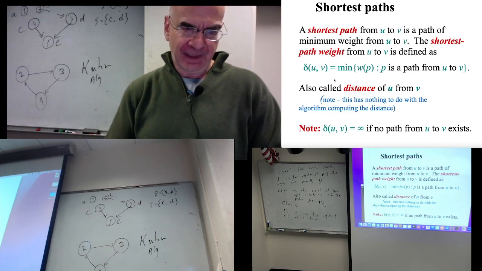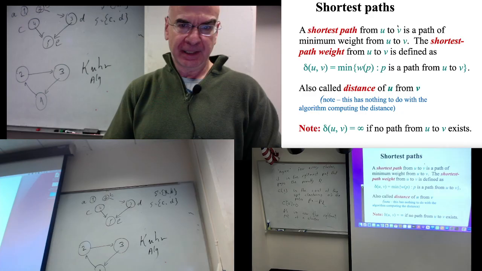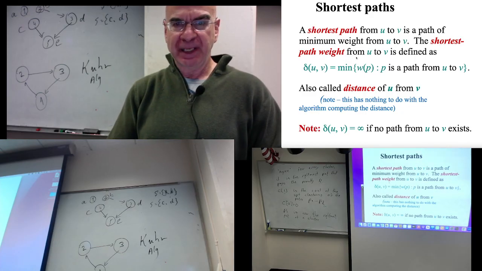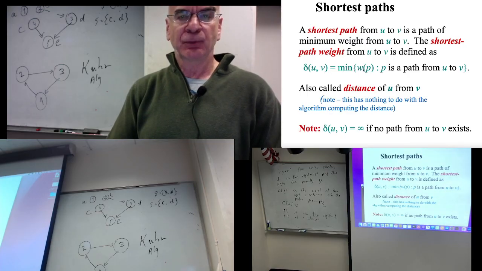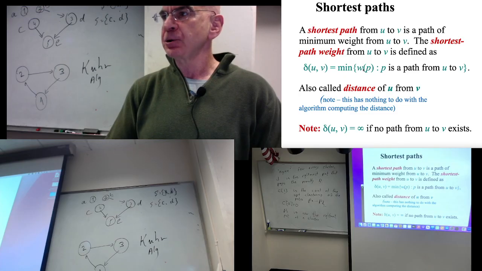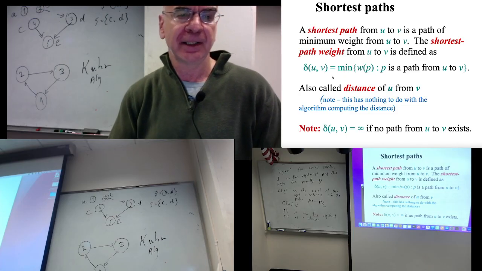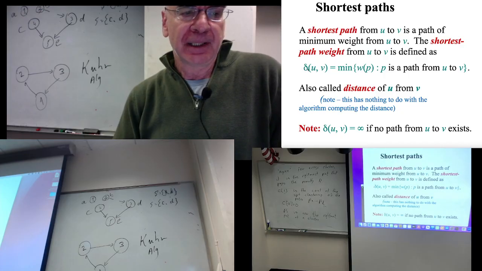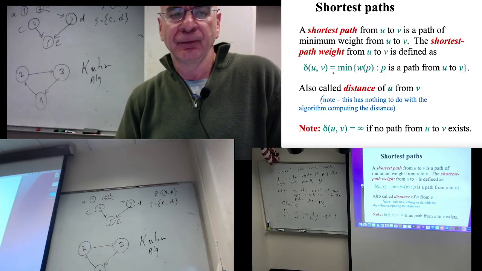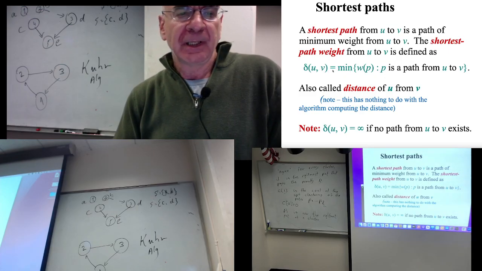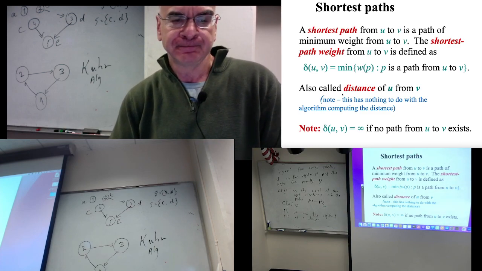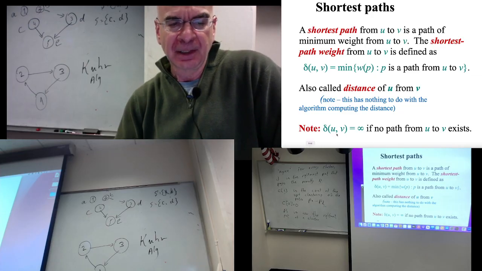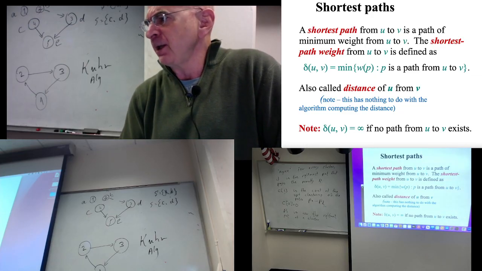And I'll define the shortest path problem as finding the path with the smallest weight, the cheapest weight. Such a path might not be unique. I'll denote it as delta from U to V, the path that starts at U and ends at V, and it is the minimum weight of any such path. Sometimes I'll refer to it as a distance, and delta UV is infinity if there is no such path.